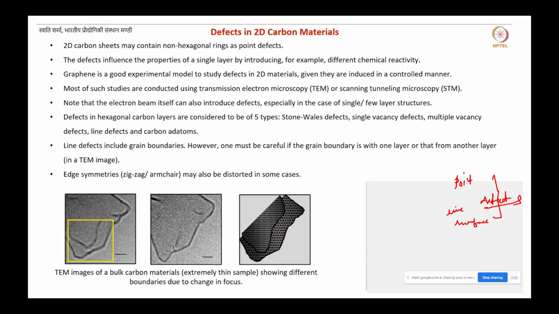Here, the 2D carbon sheets may contain non-hexagonal rings as point defects. So in 2D sheets, it is not always hexagonal. It can be a non-hexagonal sheet, which you can refer to as a point defect.